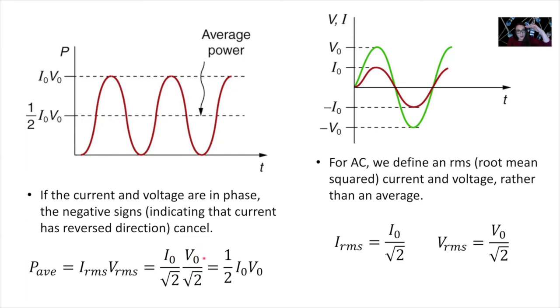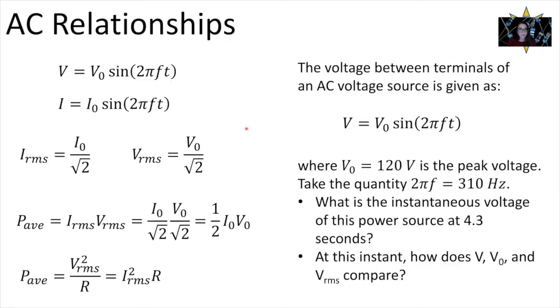Then the square root of 2 times the square root of 2, the square root signs cancel each other out, and you get back just the 2. If you take the square root of n times the square root of n, you just get back n. So multiplying our RMS current times our RMS potential, we get the same equation that we saw earlier for the average power.